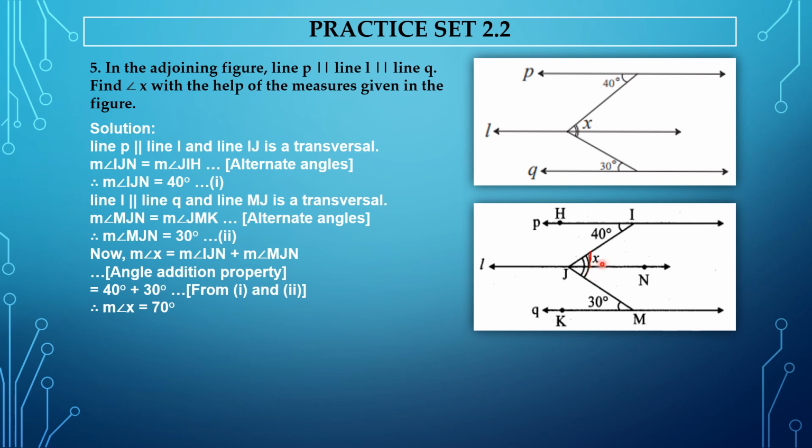So, angle addition property. Above it was 40 degrees and this is 30 degrees. So 40 plus 30 degrees, from 1 and 2, which we found previously. So measurement of angle X equals 70 degrees.